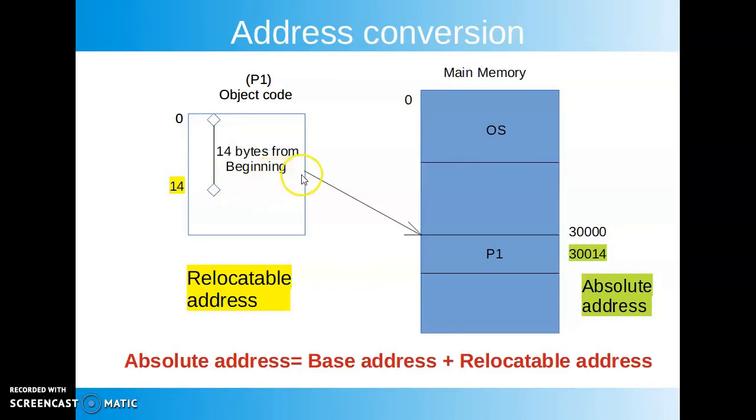If this code is loaded in the main memory, say the base address is 30,000, then to find out what will be the address of this particular instruction whose relocatable address was 14, this is how we can do it. This base address will be added to this relocatable address to find out the actual absolute address. This is how to convert the relocatable address to absolute address.